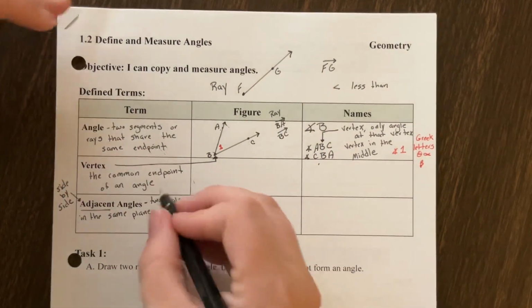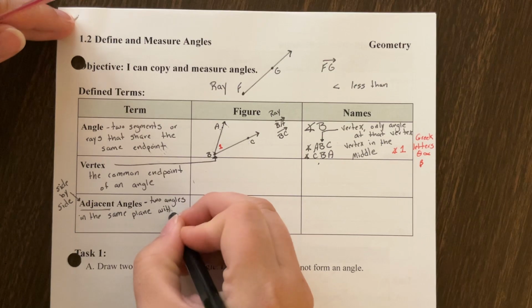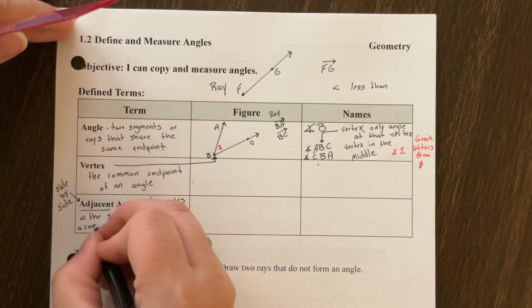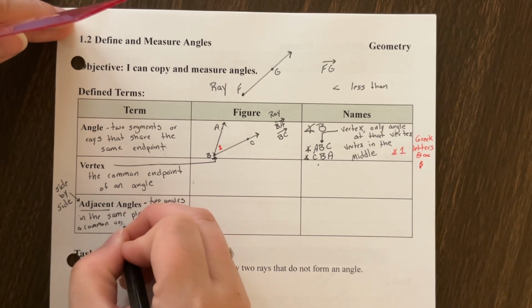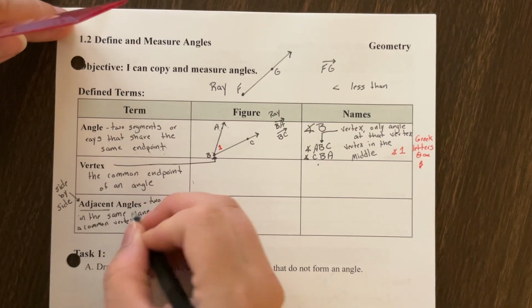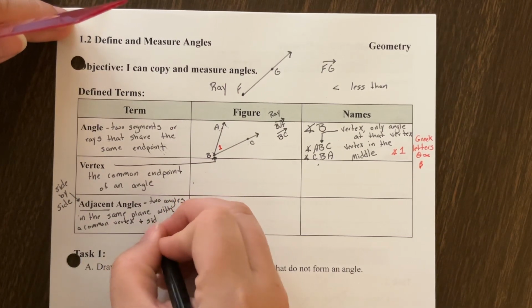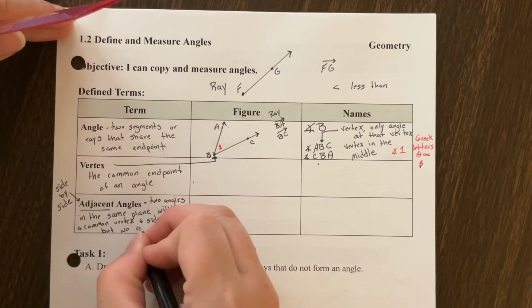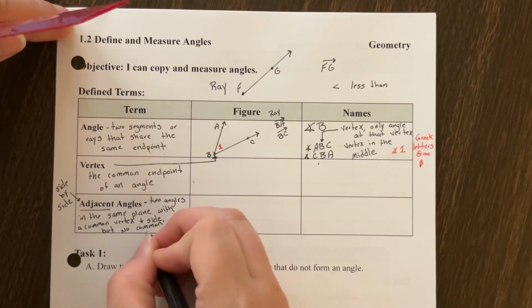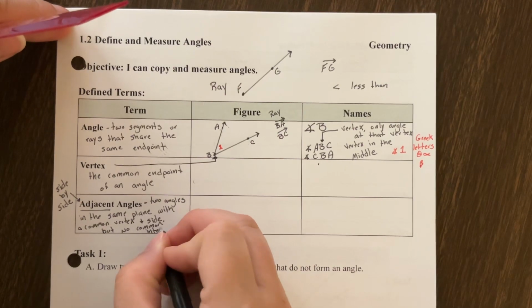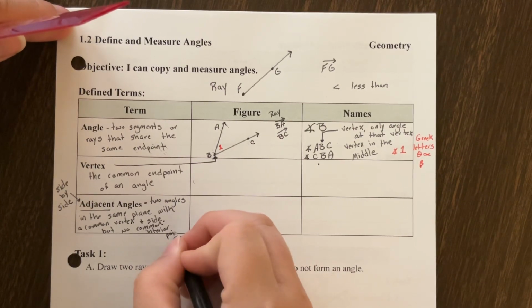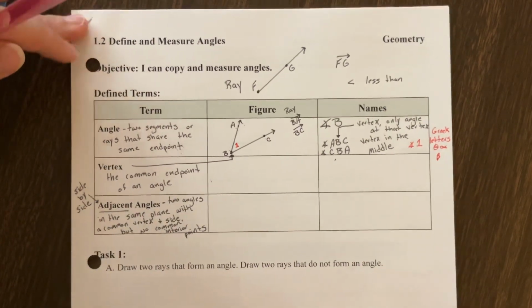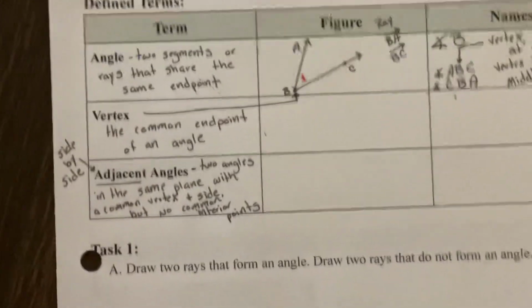Okay, with a common vertex and side, but no common interior points. Okay, we're going to make sense of this here in a minute. Sorry if you can't read that. We can zoom in a little bit.